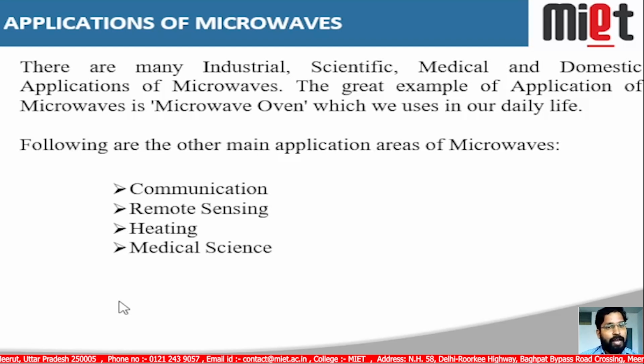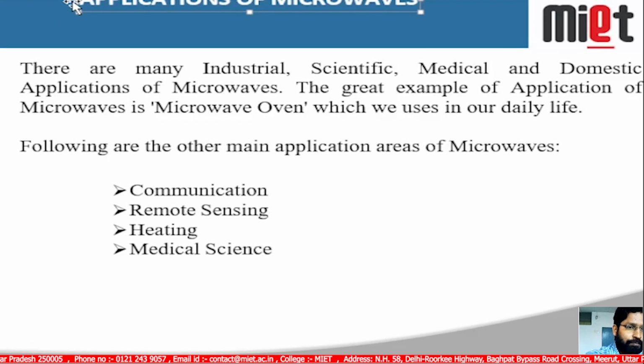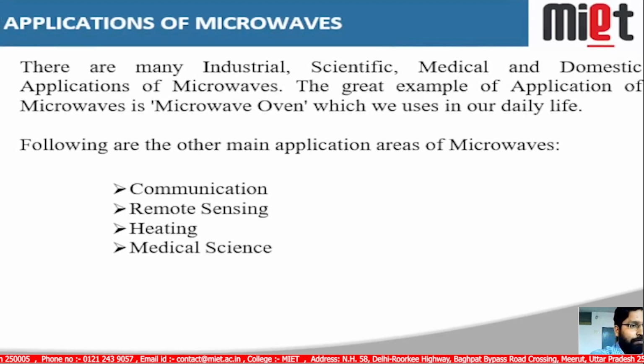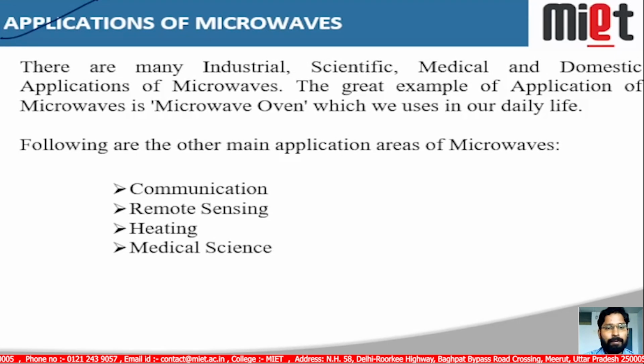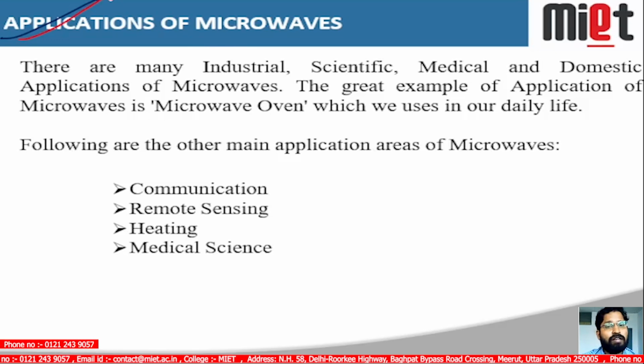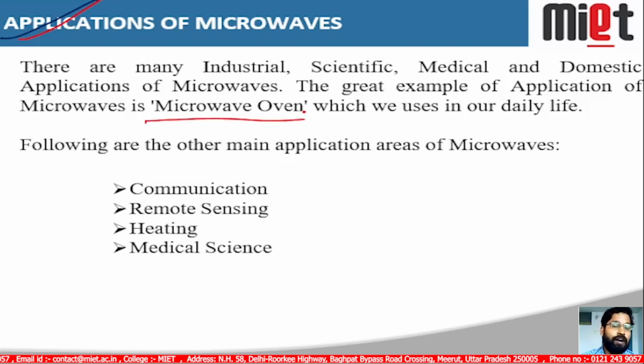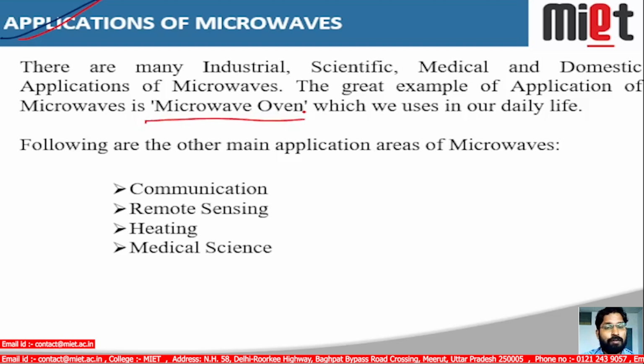And there are different applications of microwave. There are many industrial, scientific, medical and domestic applications of microwave. The great example of an application of microwave is the microwave oven, which we are all aware of as a general life application.